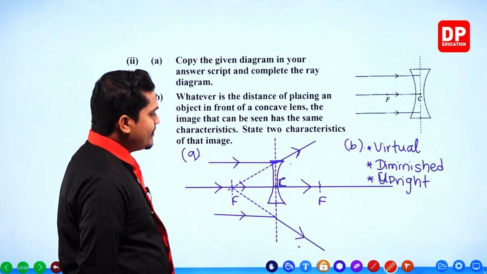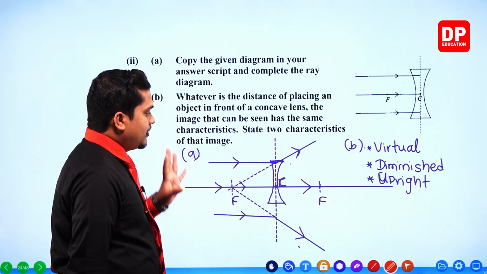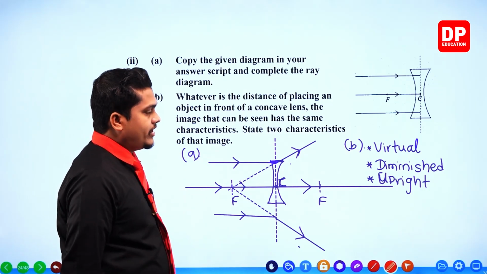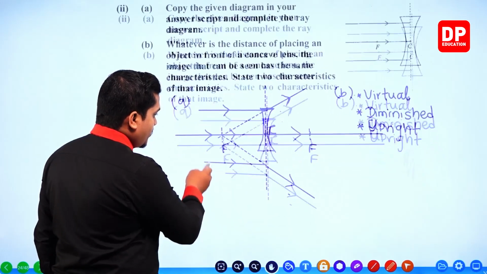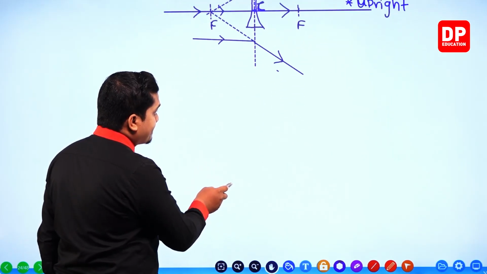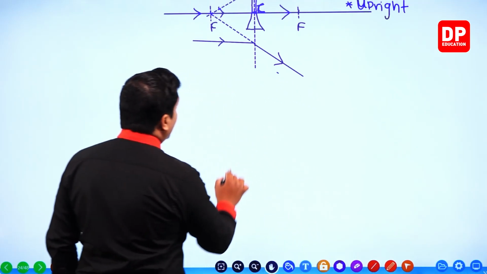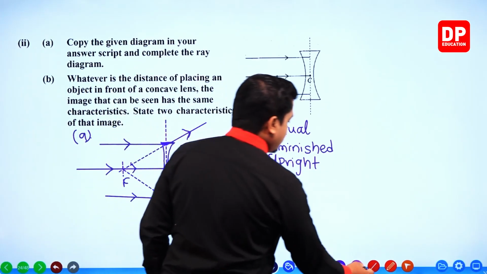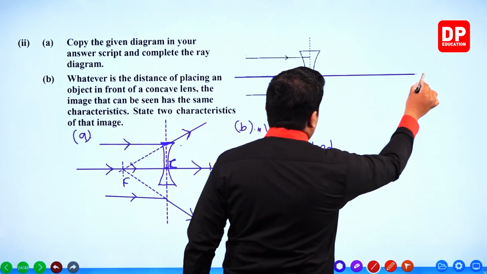These are the three main features that we can observe within an image which is formed because of a concave lens, right? Concave lens. If you guys want, for your betterment, I'll show how to draw a ray diagram within this. So this is the principal axis.